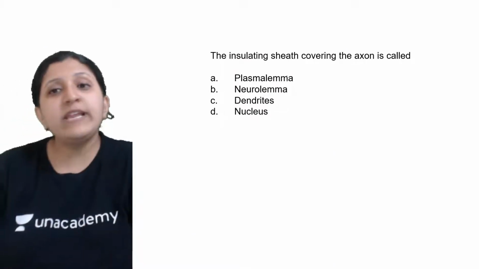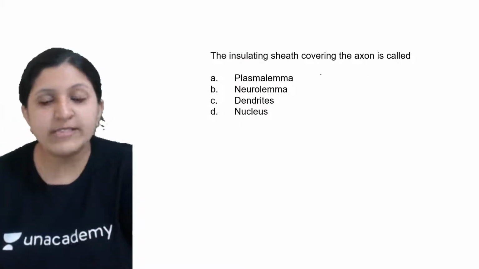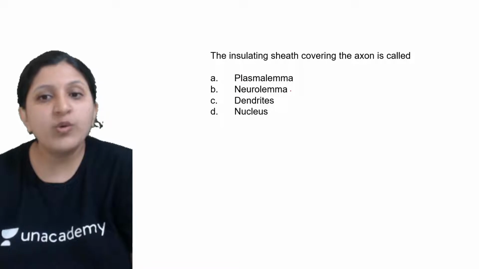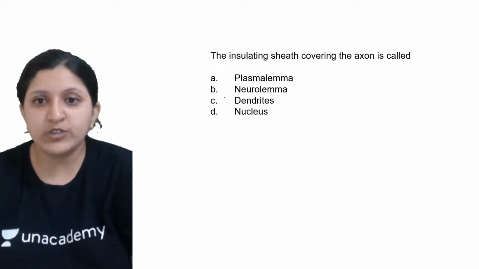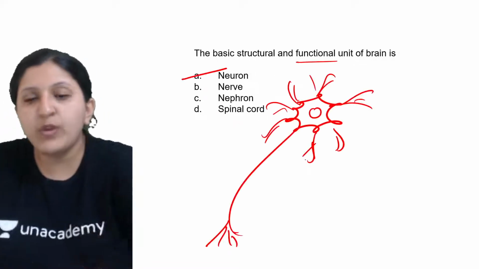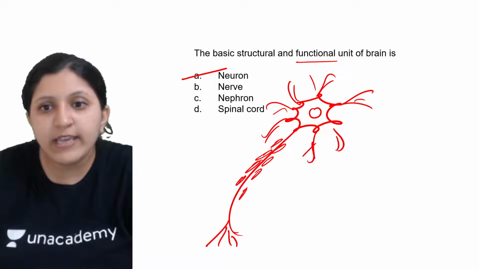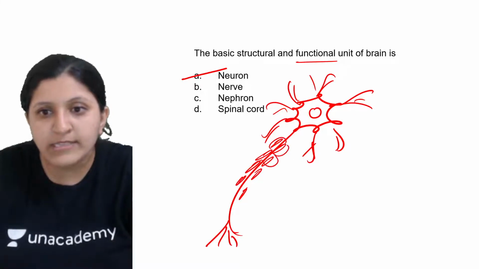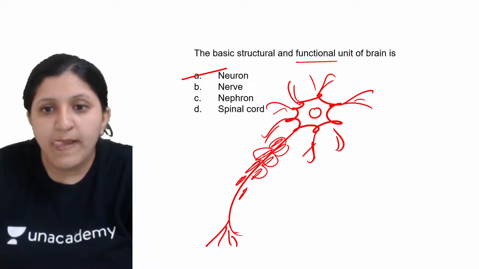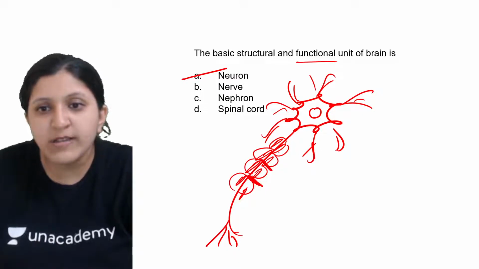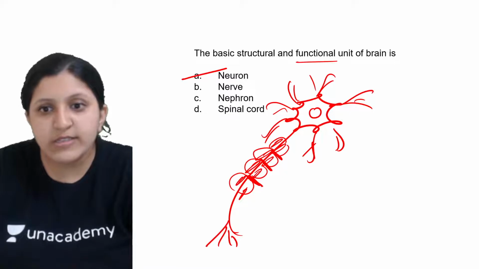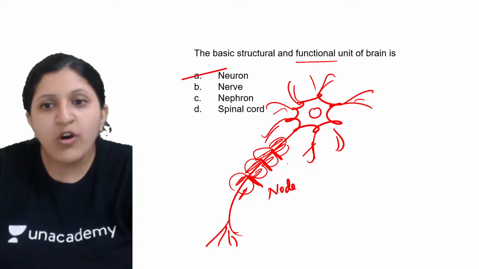Okay, the insulating sheath covering the axon is called plasmalemma, neurolemma, dendrites, or nucleus. It is the neurolemma. Here a myelin sheath is there, and this myelin sheath is again covered by a neurolemma. Wherever the myelin sheath is not there, at these junctions, is called a node of Ranvier.